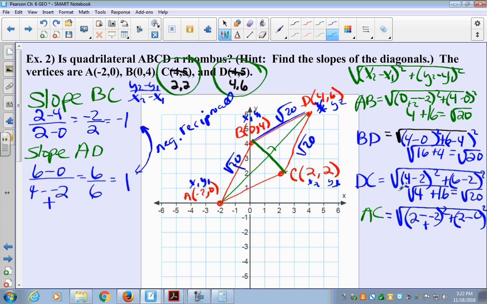And that is 4, and 4 squared is 16. Looking good. 2 minus 0 is 2, and 2 squared is 4. 16 plus 4 is 20. And last but not least, not only are my diagonals perpendicular, but all my sides are congruent. So this is a rhombus.